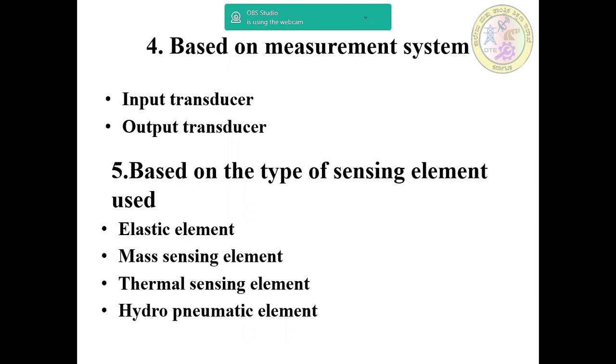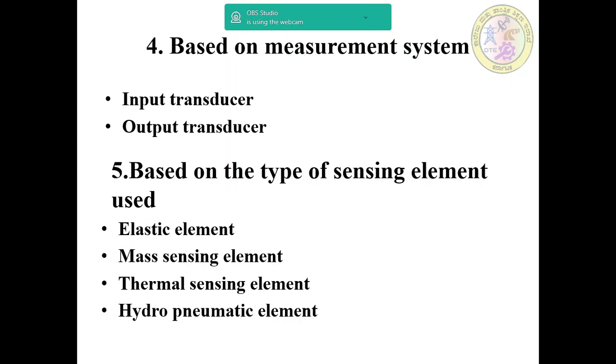Next type is based on measurement system. Again classified into two types: input transducers as well as output transducers. Input transducers convert a non-electrical quantity into an electrical signal. For example, strain gauges and photovoltaic cells are input transducers.